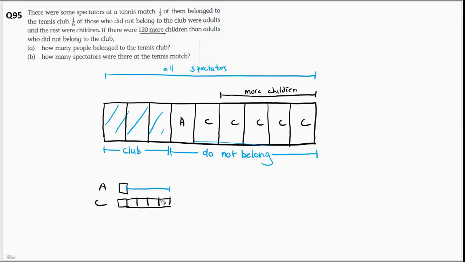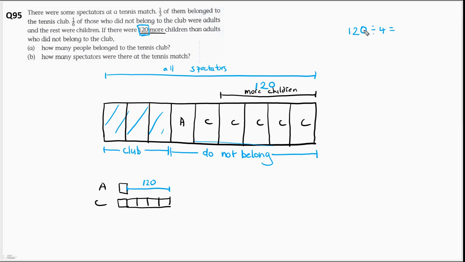And why is this important? Because we are given a value here of 120. Okay, that's 120, and it's 120 for these 1, 2, 3, 4 parts. So if we divide 120 by 4, hopefully you will be able to do that easily, because 12 divided by 4 is really easy, isn't it?